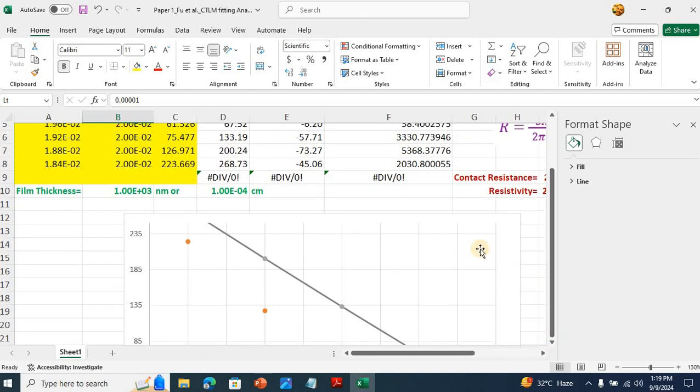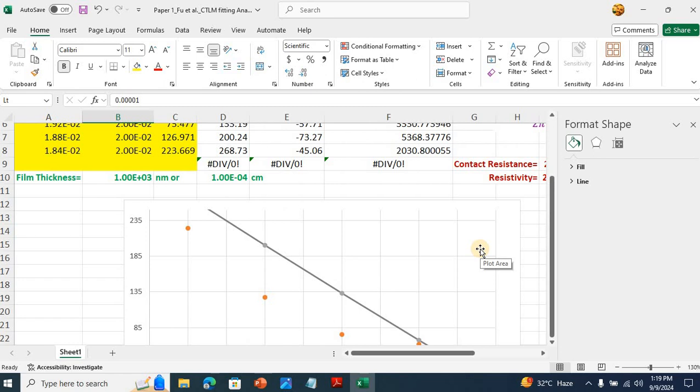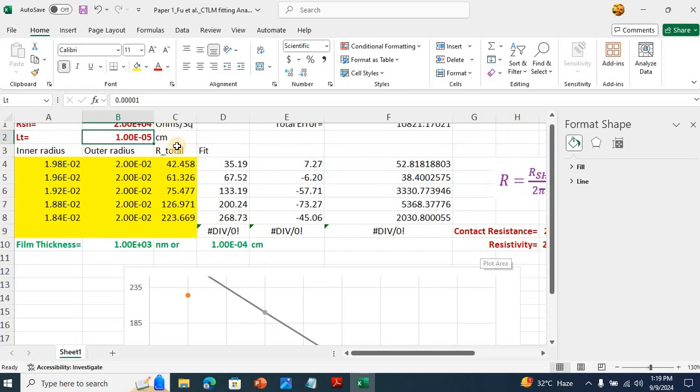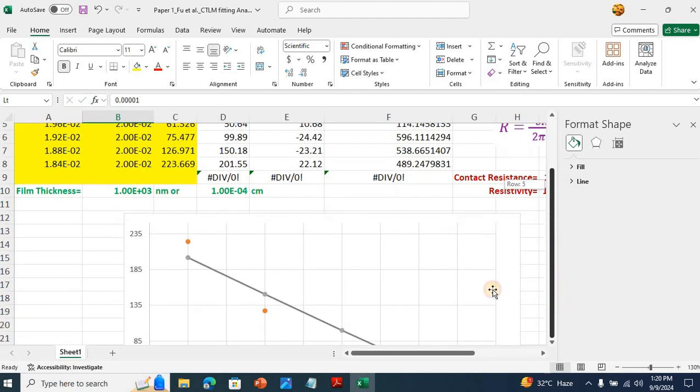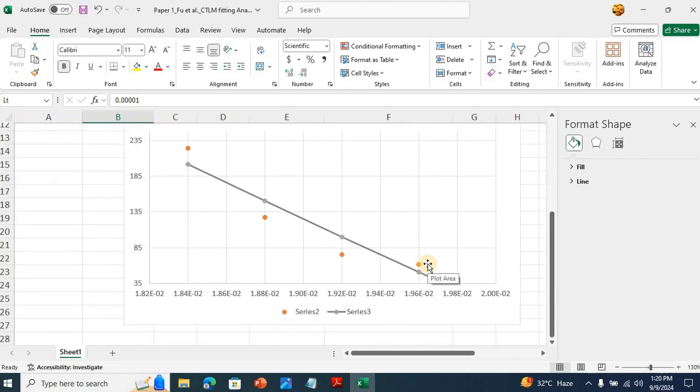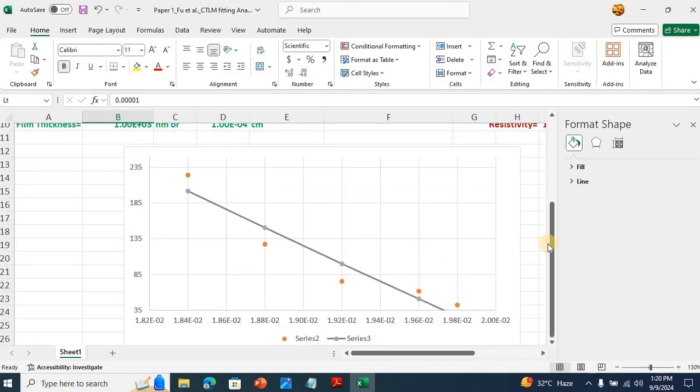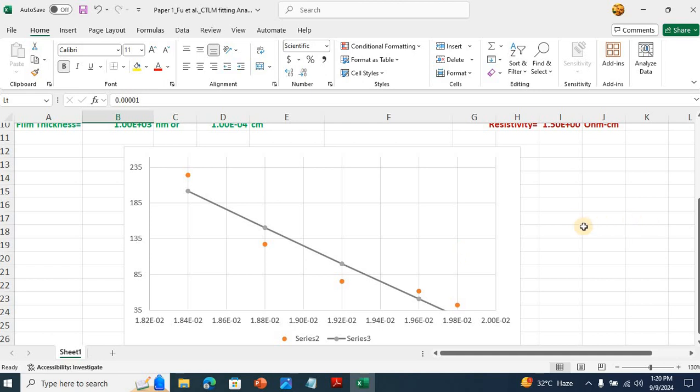Getting closer and closer to the fitting now. So this gives me a reasonable fit.